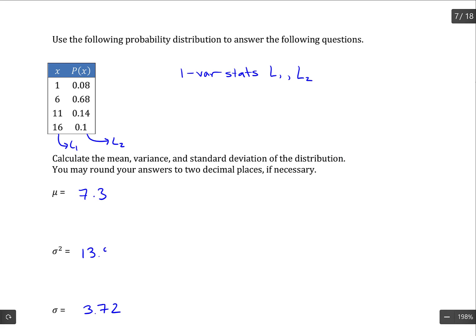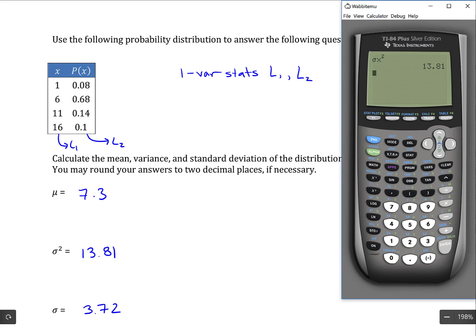So 13.81. To compare, if you took 3.72 and you squared that number, you get 13.84, which is not much different, but it could be the difference between the computer marking your answer wrong and marking your answer right. So to be safe, use as many decimal values as you can in the calculation, and then round your final answer.